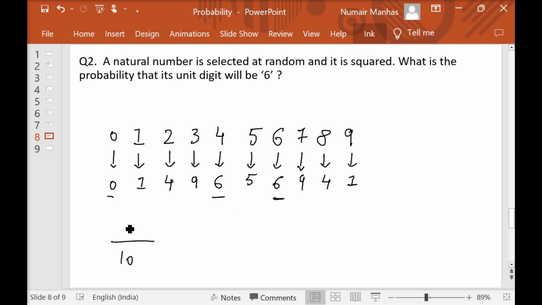So we can write the event E1 is 6 and 6, right? We have two favorable outcomes. Therefore the probability of getting a 6 is 1 by 5. Okay, so now let's move on to the next question.